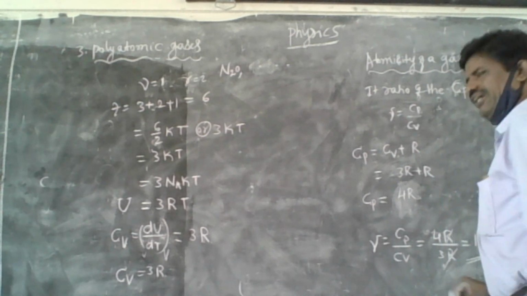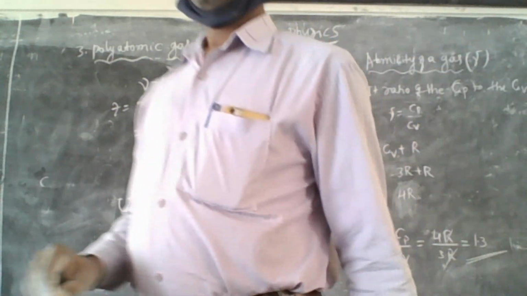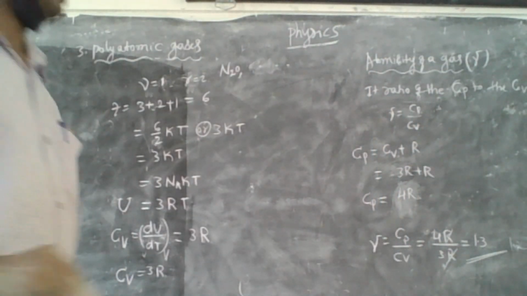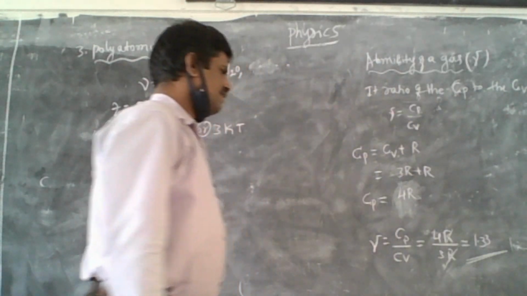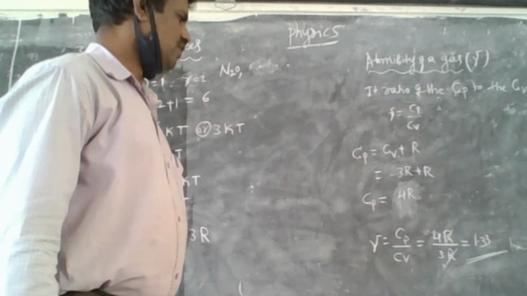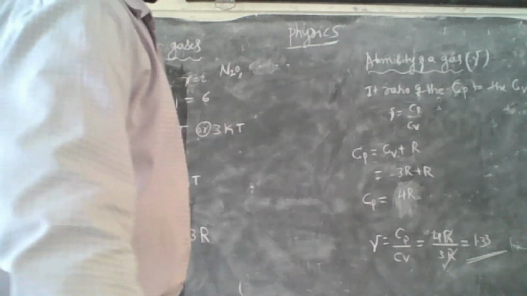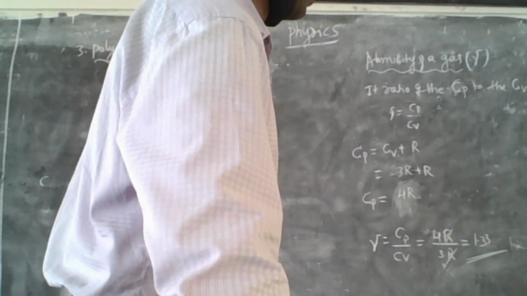Therefore 1.33. So this is the value of the atomicity of polyatomic gases.